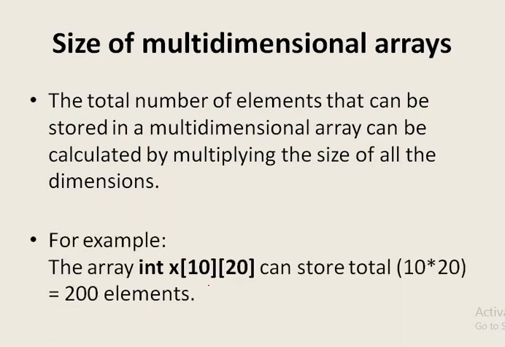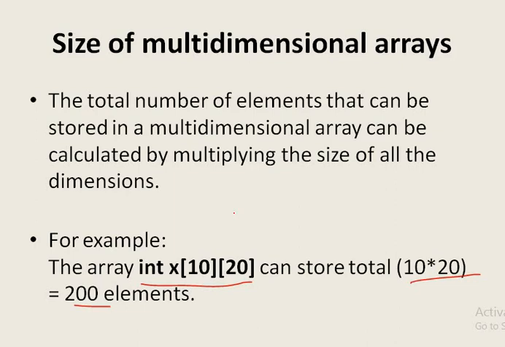Here we have defined a two-dimensional array X of integer type with subscripts 10 and 20. Just by multiplying 10 and 20, you get the number of elements that can be stored in this particular array.